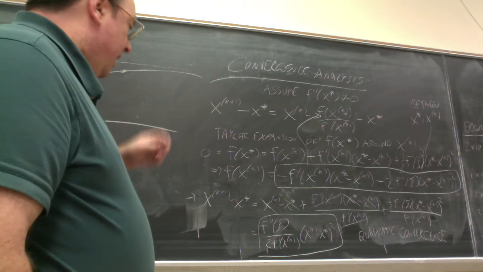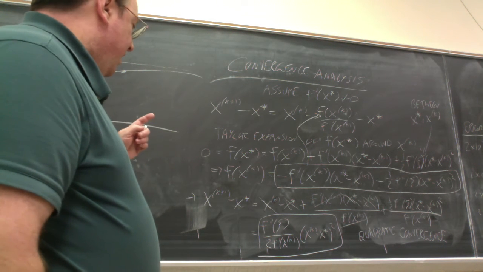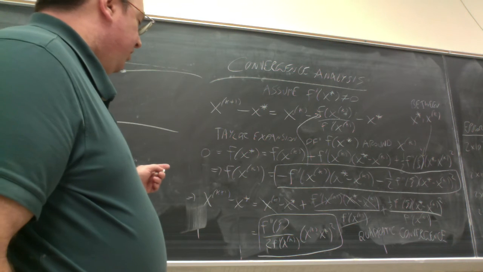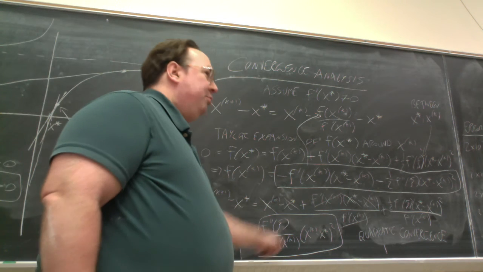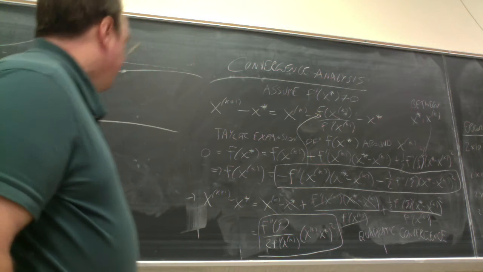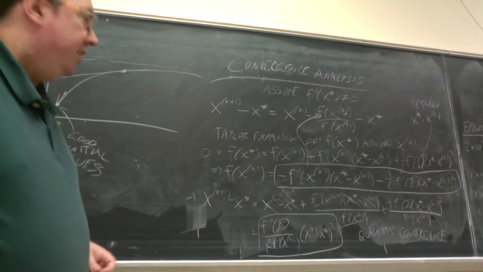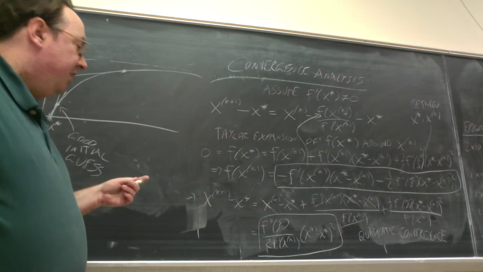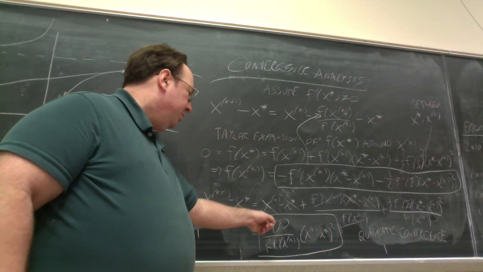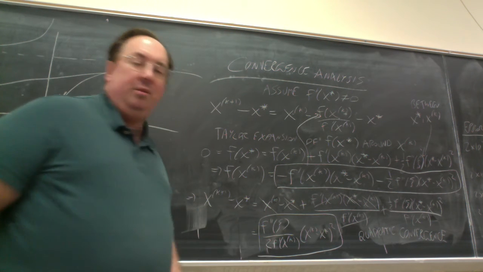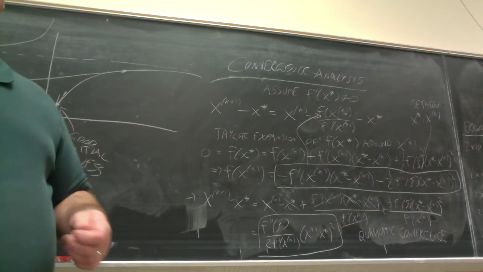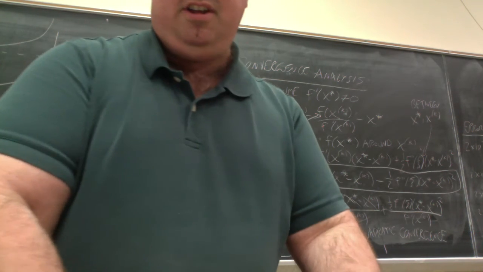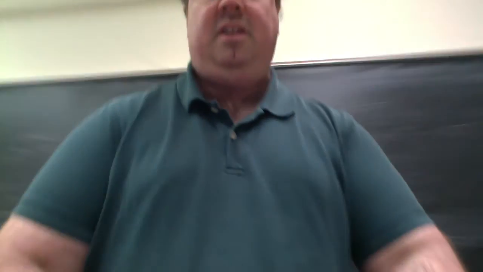Now, as x_k converges, this quantity that's multiplying the error squared is converging to f double prime at the root divided by 2f prime at the root. That gives us the asymptotic error constant. So I'll go ahead and fill that in now.